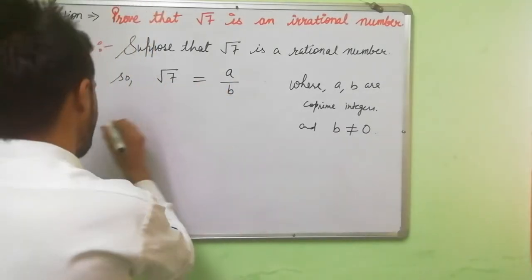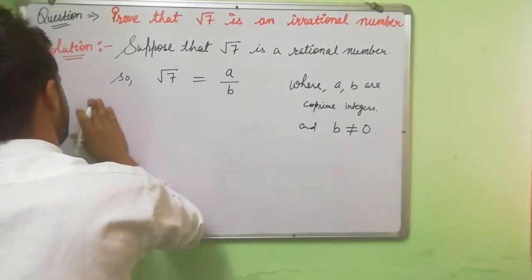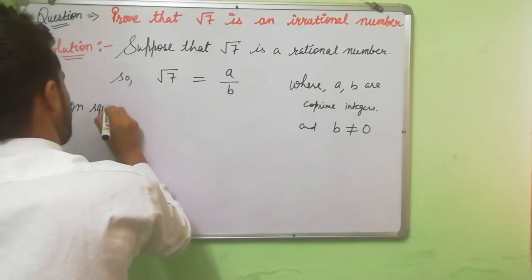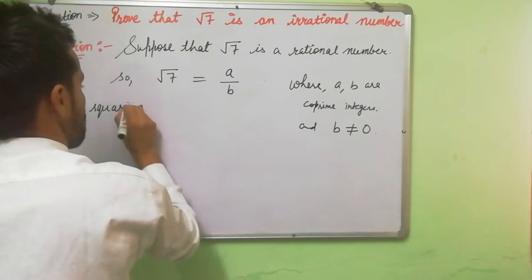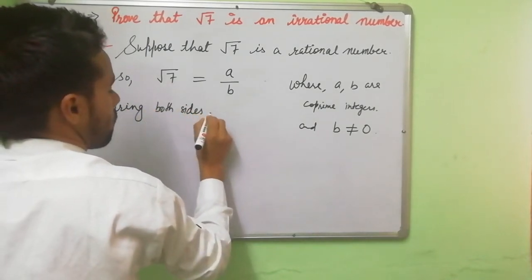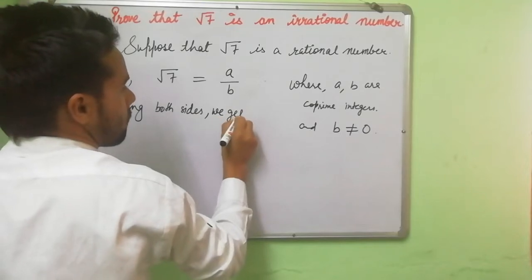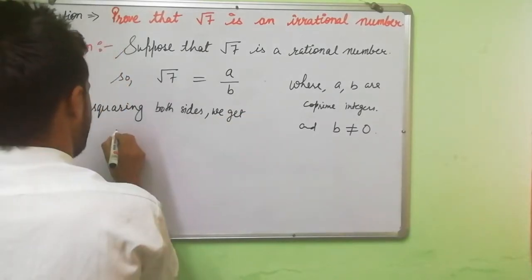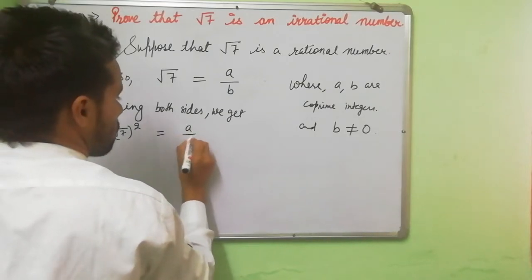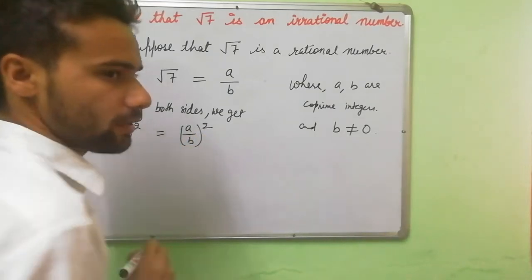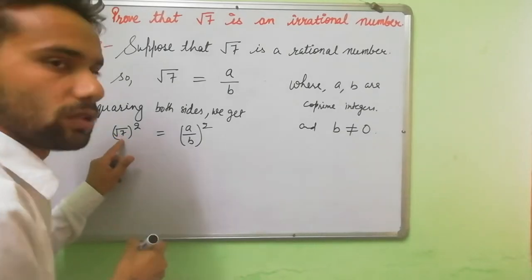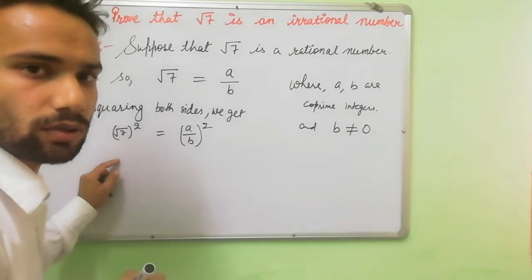Now I write here, on squaring both sides, we get. If you square this number, what do you get? You get 7. Why 7?